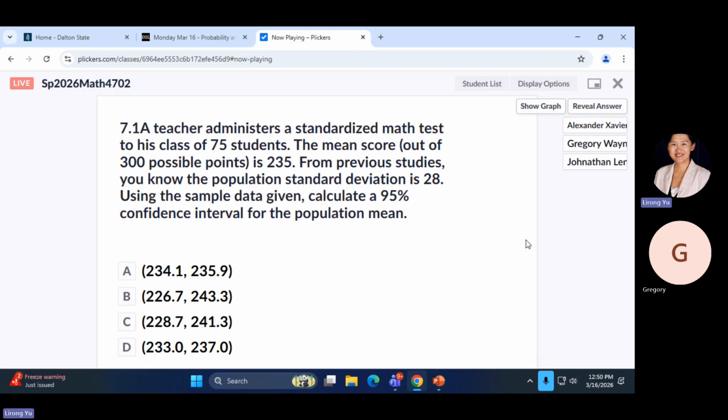All right, so this is one of the questions asking us to construct a 95% confidence interval. The sample mean is 235. The sample size is 75. I have the formula already on the board. The population standard deviation is 28. So let's do some calculation.